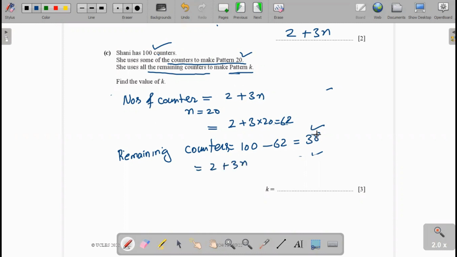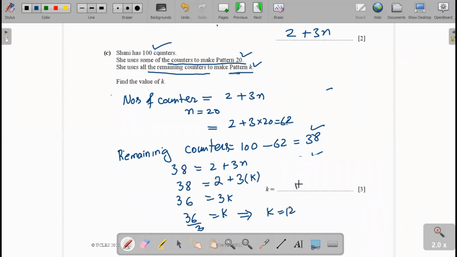Here the total number of counters is 38, so 2 plus 3n equals 38, where n is equal to k, because 38 counters make pattern k. Therefore we write k here. Now 38 minus 2 is 36, which is equal to 3k, and k will be equal to 36 over 3. The value becomes k equals 12, and 12 is the answer.